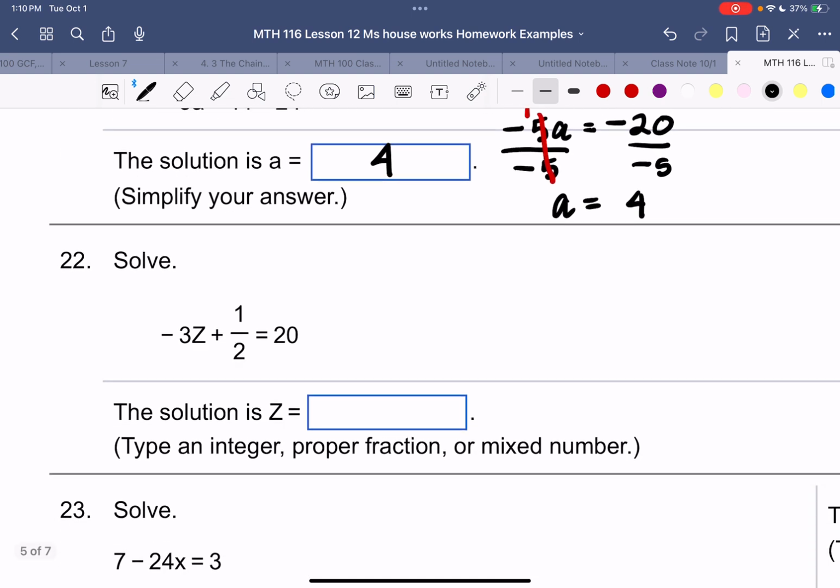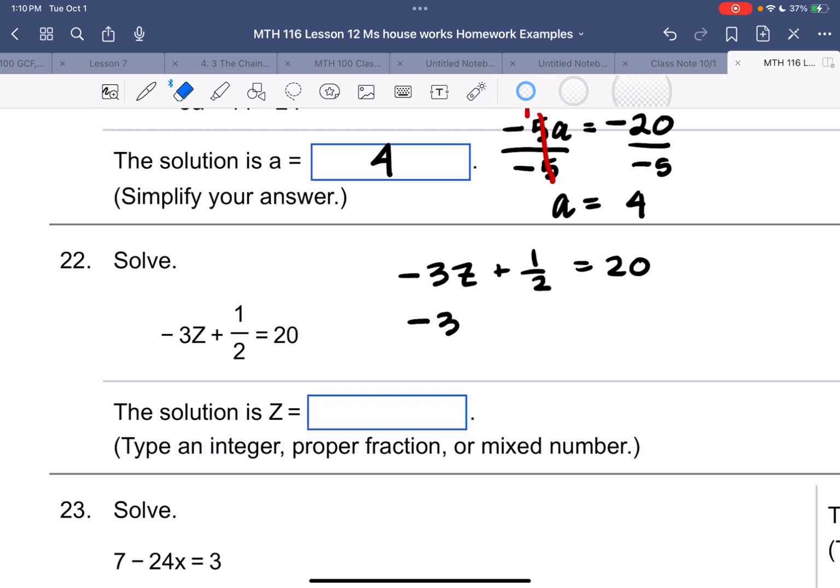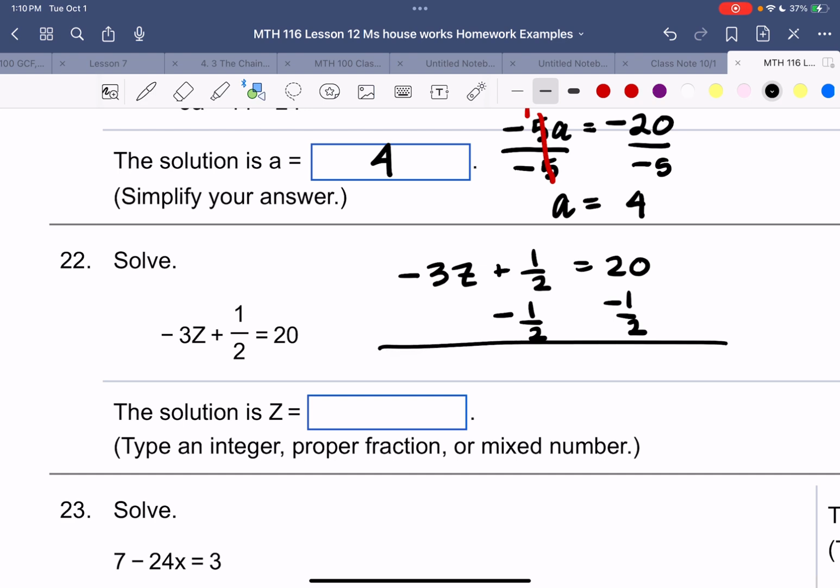In number 22, we have negative 3z plus 1/2 equals 20. So that's negative 3z. Let me take that back. I want to move that 1/2 first, so subtract a half, right? Because I want to get that z by itself, so I don't want to start doing anything to that yet.